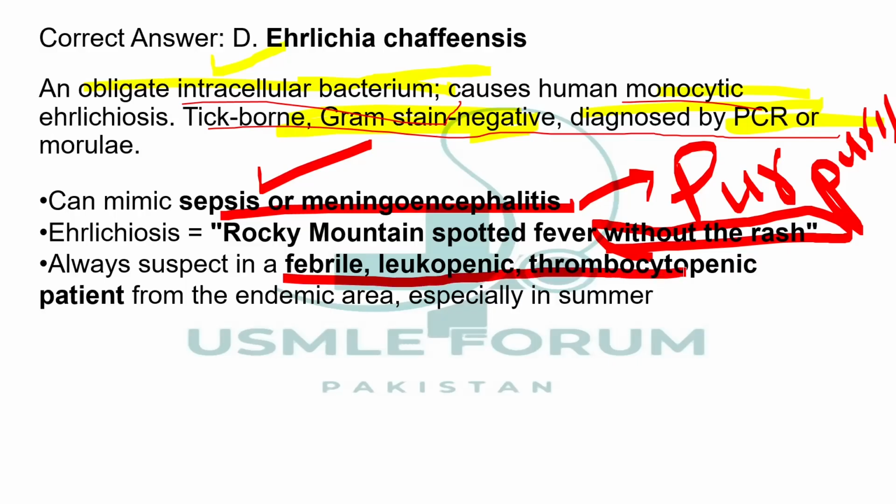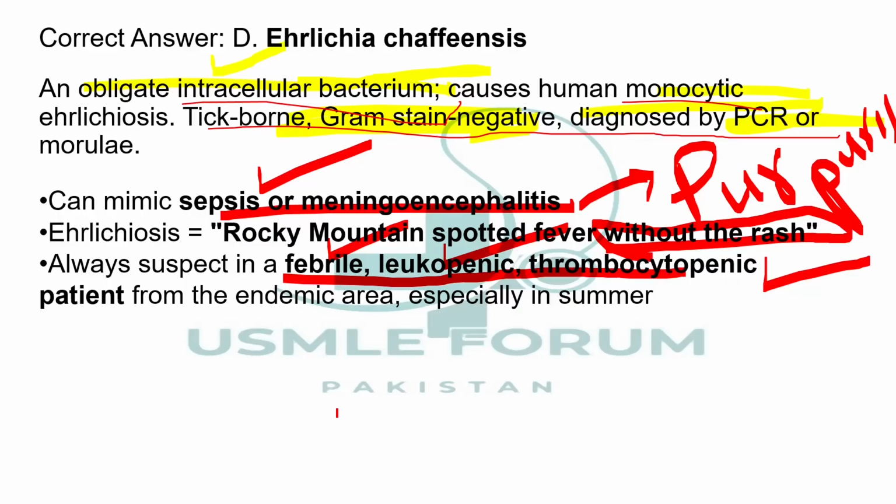Both of them have thrombocytopenia, both have leukopenia, and both have fever. The difference is that Rocky Mountain spotted fever has a rash, and ehrlichiosis has no rash.